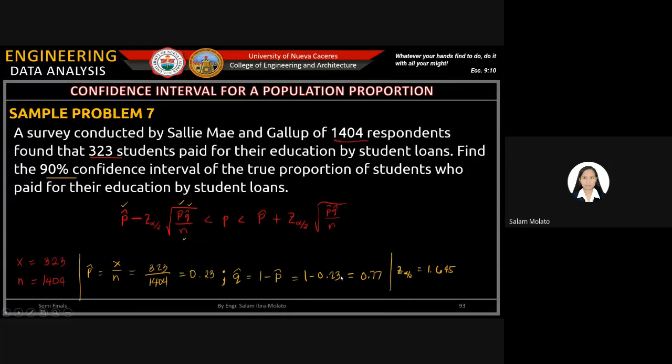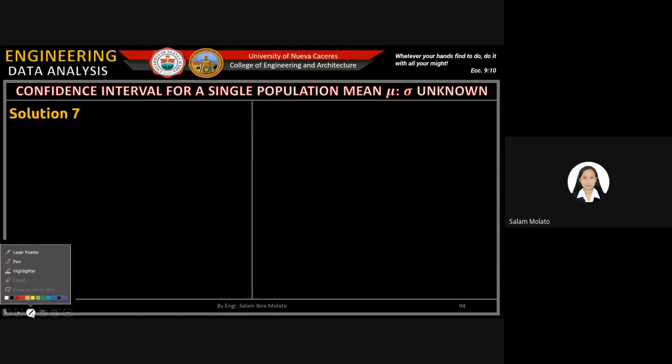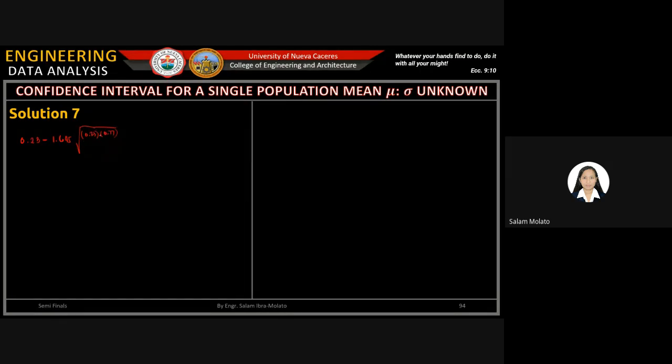Direct substitution. P hat is 0.23, minus 1.645 times the square root of P hat 0.23, Q hat 0.77, all over N, N is 1404.